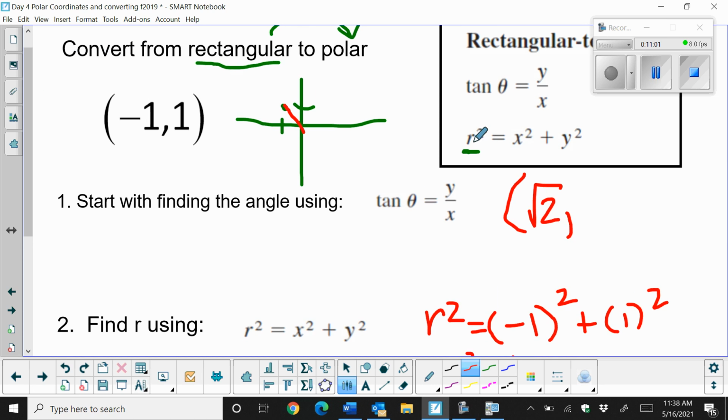Now, we need to find an angle of rotation. So I'm going to take tangent theta is equal to y over x. So we're taking the inverse tangent of -1. Now, this is where it gets a little bit tricky, and we've worked on this quite a bit.